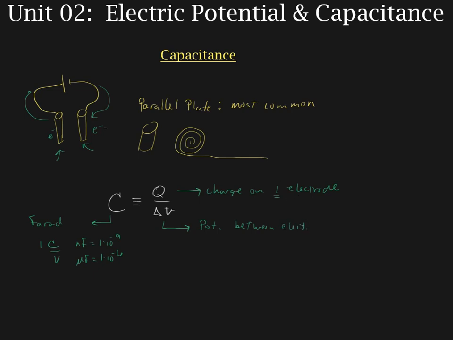If you have a fully charged capacitor, then the potential difference of the capacitor is equal to the potential difference of the battery. Perhaps you can start to get the idea of what's going to happen here.